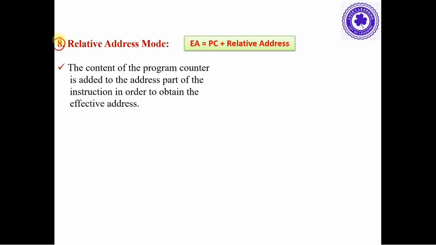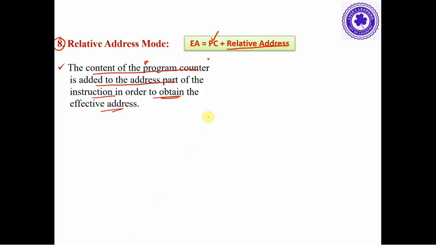Eighth one, relative addressing mode. In relative addressing mode, what is to be done? The PC is to be added with the relative address. Actually, the content of the program counter is added to the address part of the instruction in order to obtain the effective address.